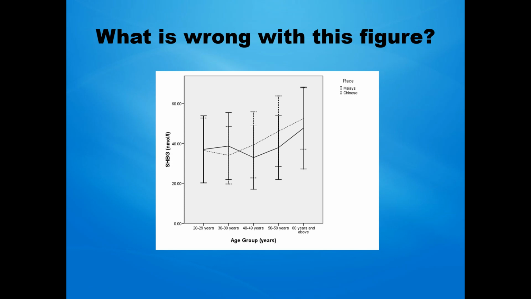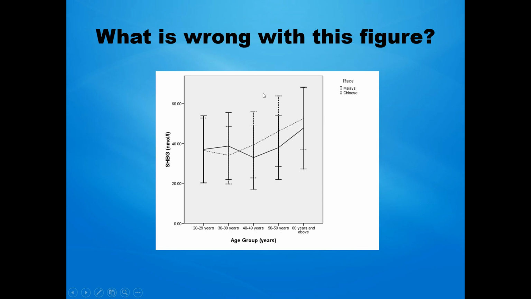And what is wrong with these figures? Well, one obvious fault that you can find is that there's no title. Okay, the figures actually depict the SSBG level according to age in Chinese and Malay men. This is not listed as a title. The legend is a bit blurry, it's a bit small. Okay, the axis is also a bit small, but it's still readable.